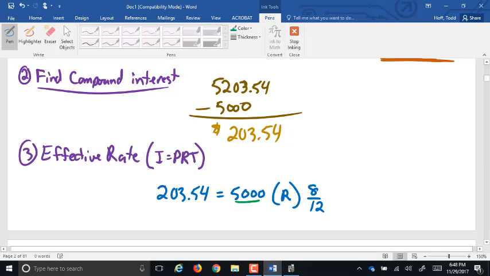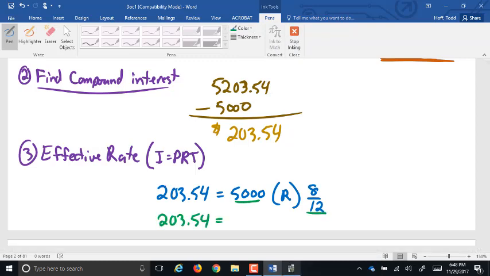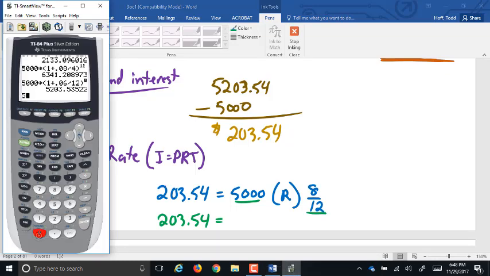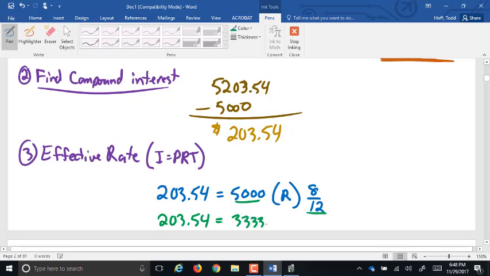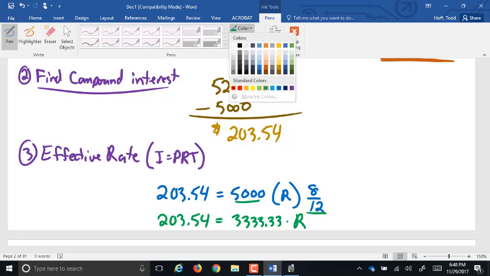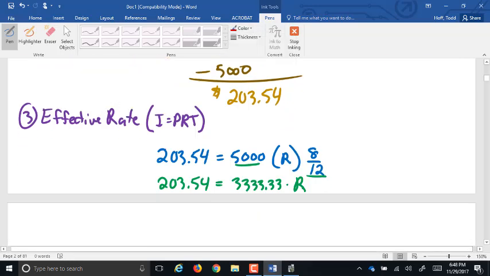So we have to combine the 5,000 and the 8/12. This is going to be another one that we're probably going to have to leave in our calculator, because it's going to give us 3333.33. So to solve this now for R, we need to divide $3,333.33.